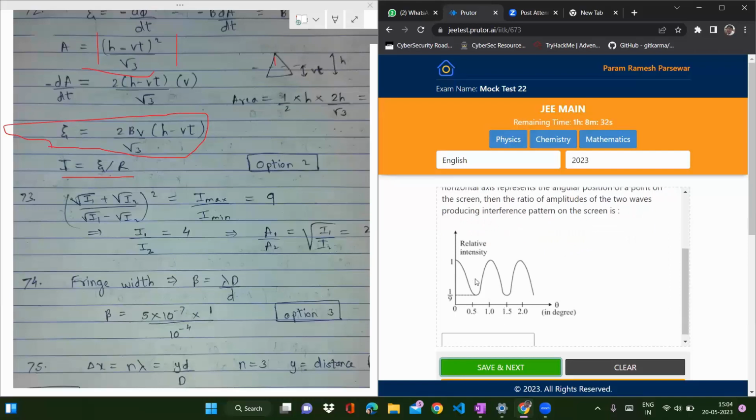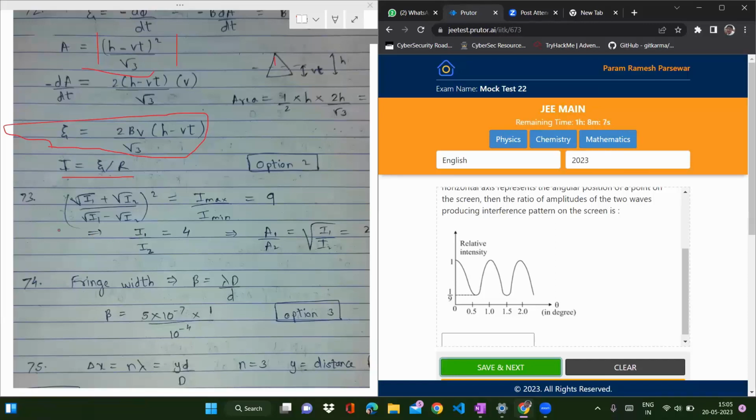So here this curve shows relative intensity versus the angular position of a point on the screen, where the relative intensity value is given, and here the angular position is given. So the maximum intensity is I and the minimum intensity is I by 9.